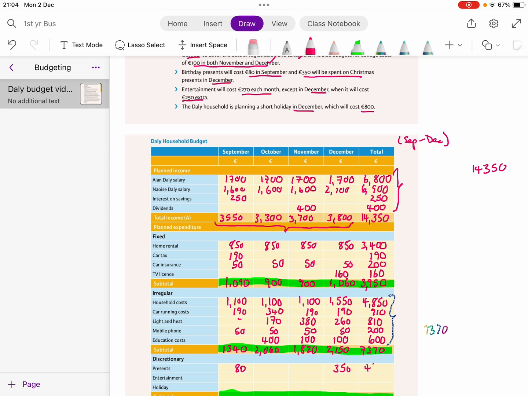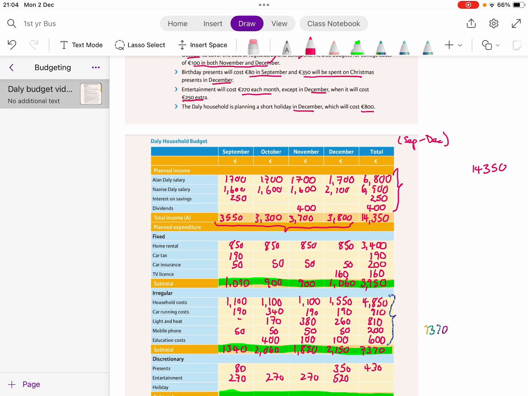So altogether that's 430. Entertainment will cost 270 every month except in December, and that goes up a bit in that month. So 270 plus 250 gives me €520.